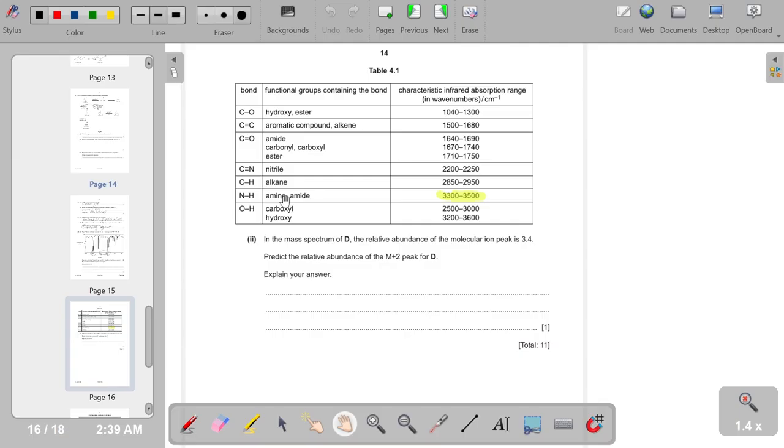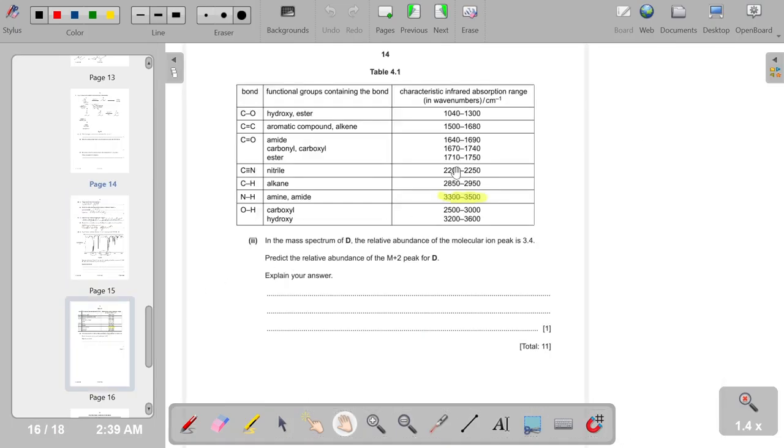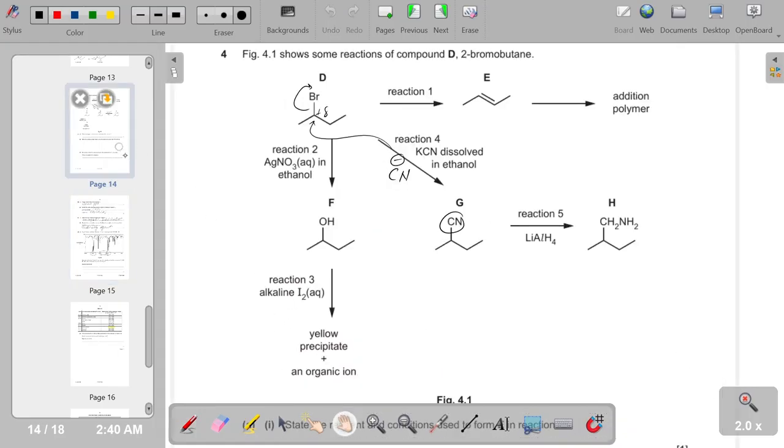If I check this area between 1500 and 2000, 1500 to 1600 we have aromatic compound or alkene, and the nitrile group is between 2200 and 2050. So it means there's some nitrile group, C triple bond N, in this region. Okay, yes.